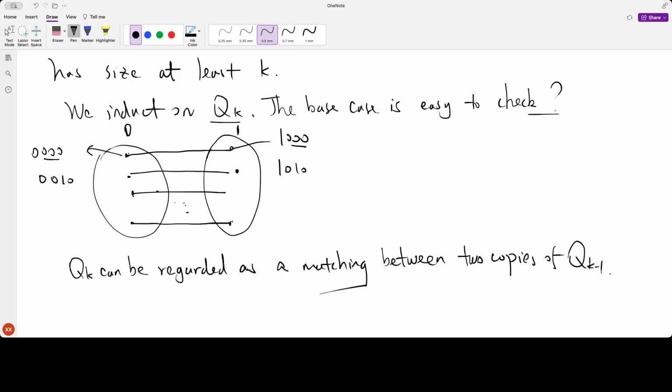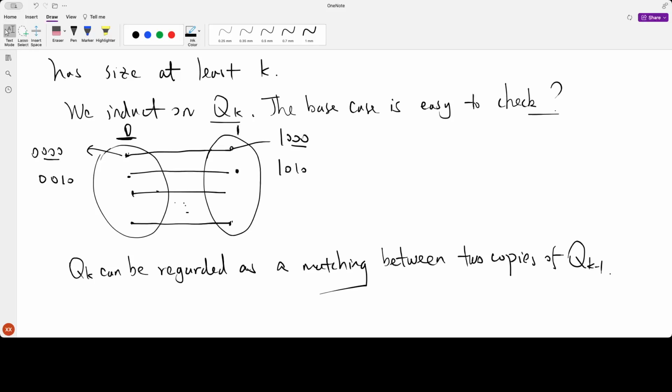On the left is a copy because we fix the starting coordinate as 0, and the remaining K minus 1 coordinates I can put whatever I want. So the left is a copy of K minus 1, and the right is also another copy of K minus 1, and every vertex is matched to its counterpart with the first coordinate flipped, like a matching between two copies of K minus 1.